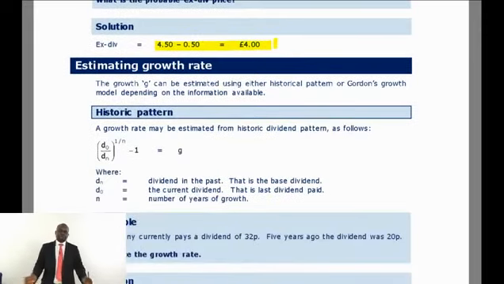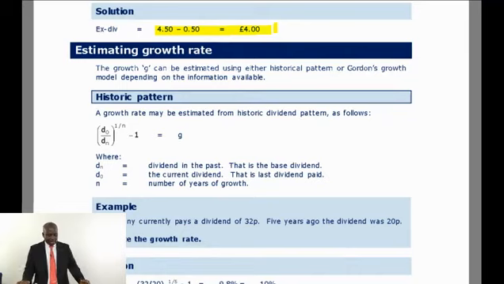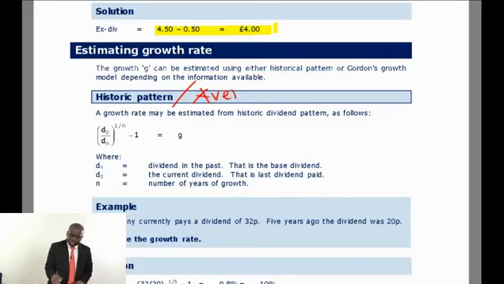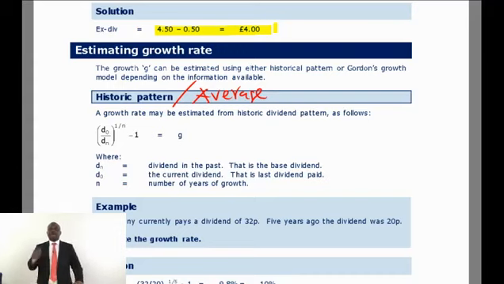Estimating the growth rate. It's not every time the examiner will give you the growth rate, so you might be called upon to estimate it. To estimate the growth rate, we can use the average approach, or the historic pattern. You use the average approach when past dividend information is given.